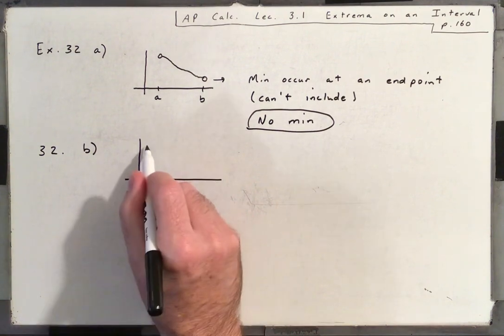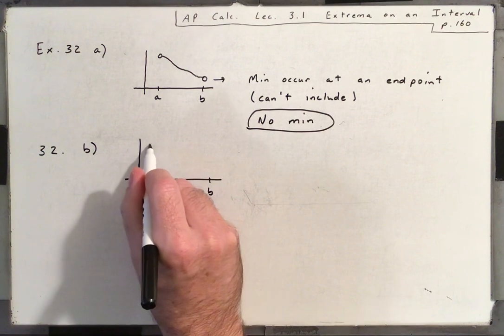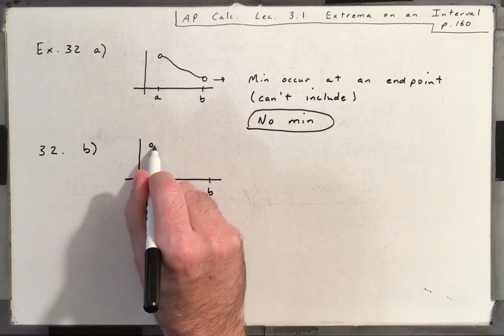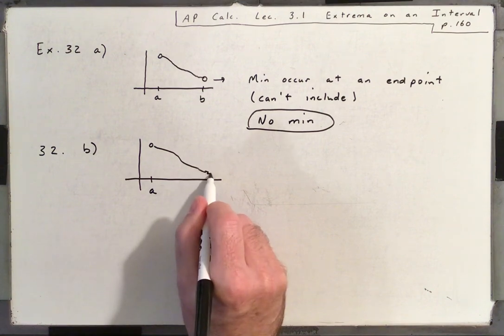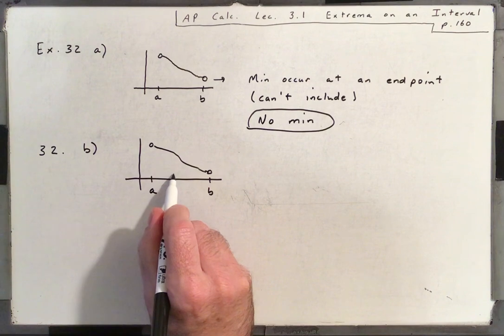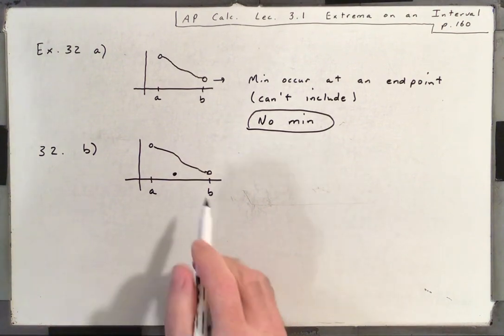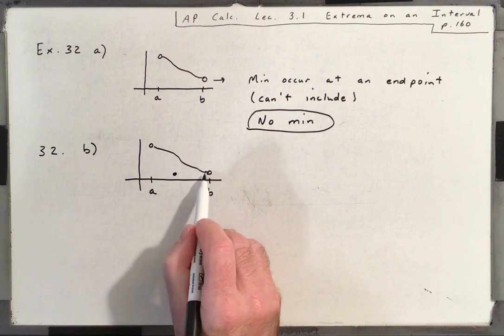All right, B at A and at B here. We've got our open endpoint. We have our declining function over here to B. But we have a point in between the two that is below the y value when x is equal to b. It's lower than this right here at the end.